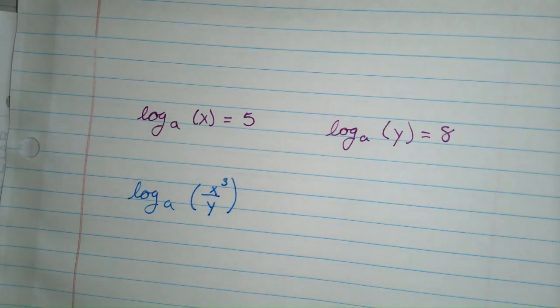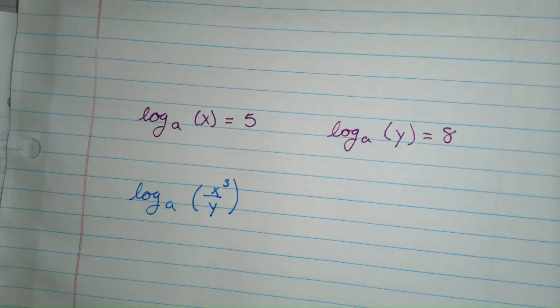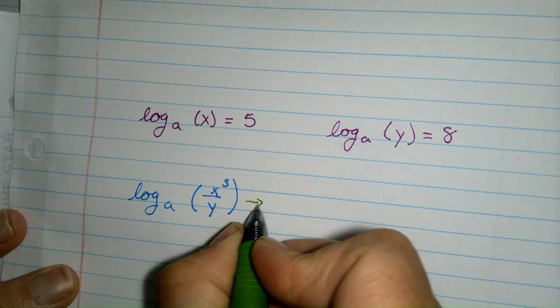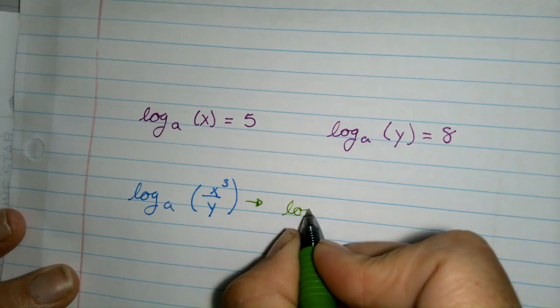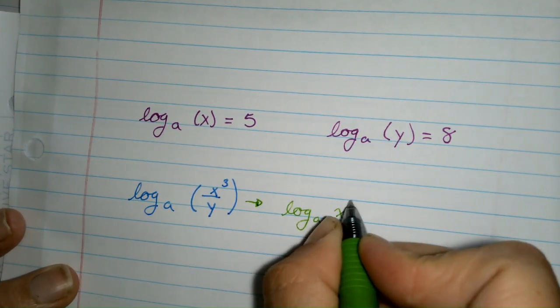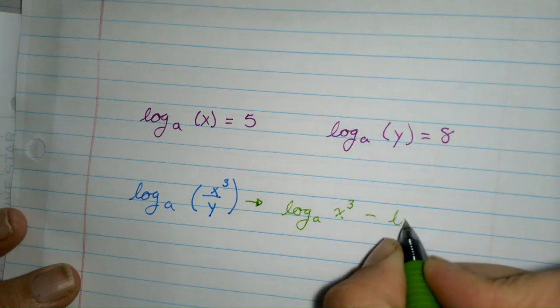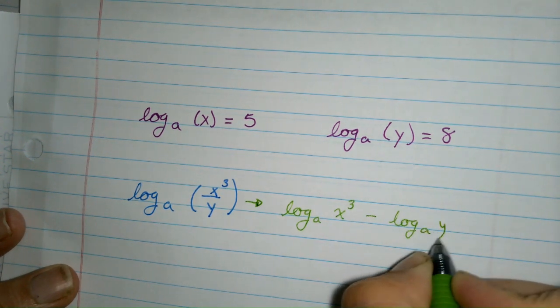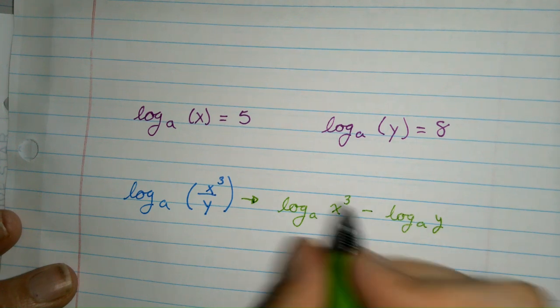And you might be going, well, I don't know what x is. I don't know what a is. I don't know what y is. How can I do this problem? Well, we're first going to expand. Okay, we have a quotient, so we're going to use that quotient property. Log base a of the numerator minus log base a of the denominator. Then we're going to use that power property.